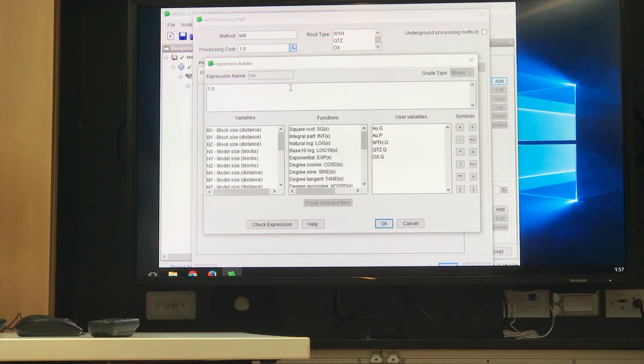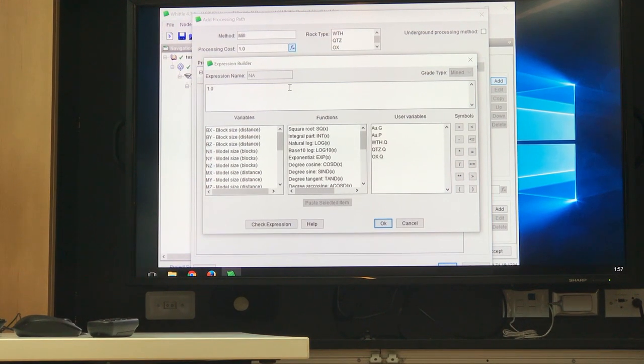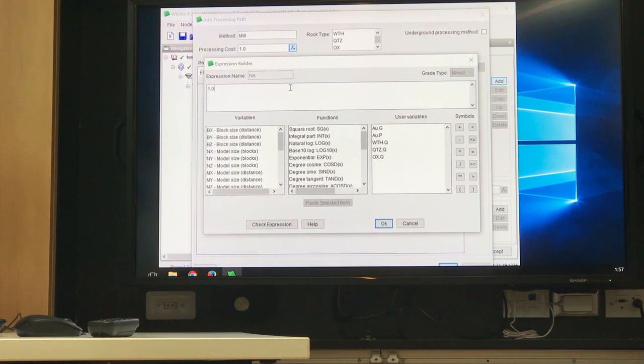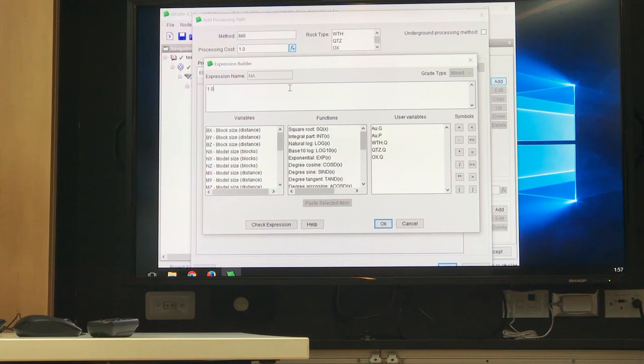If for your project you already have a significant number of tests that show this relationship between grade and recovery, then you could put the recovery as a function of your grade.